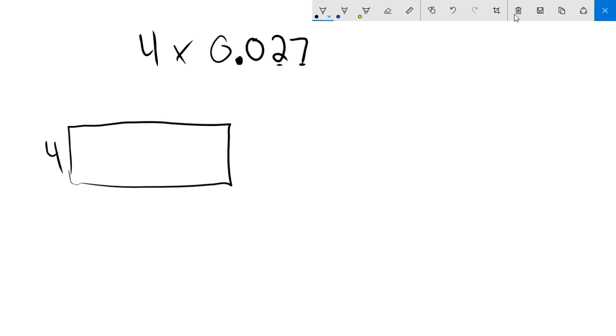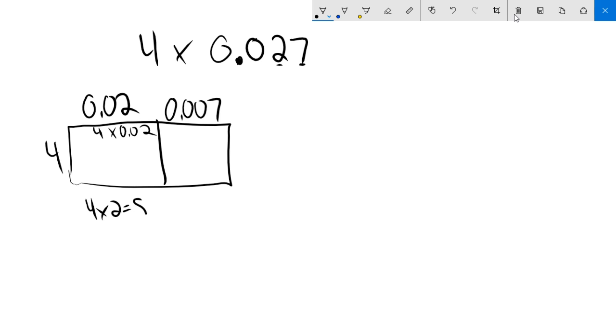My first place value, the first digit that I have, would be 2 hundredths. The second one is 7 thousandths. These are the things I'm multiplying. In this box, to find the area of this section, it's 4 times 2 hundredths, which is 4 times 2 is 8, and then 8 times 1 hundredth, because it's in the hundredths place value.